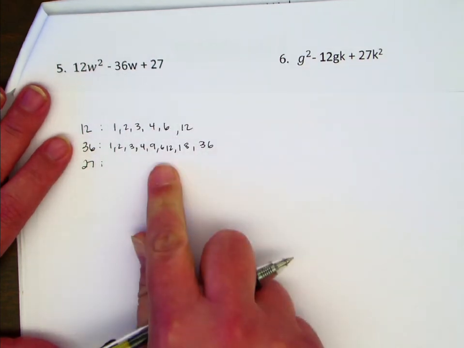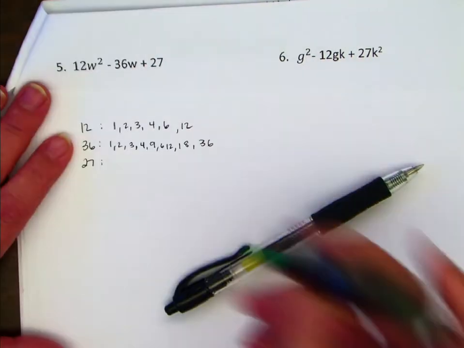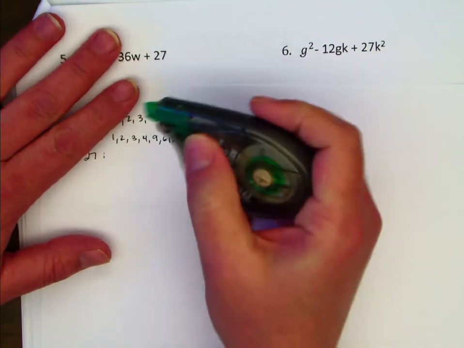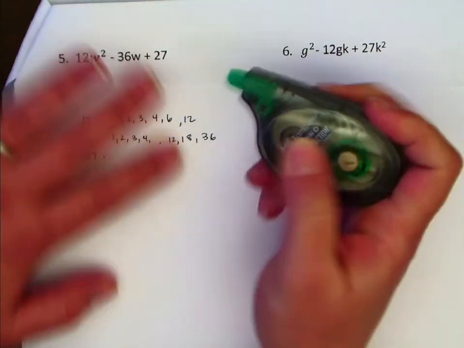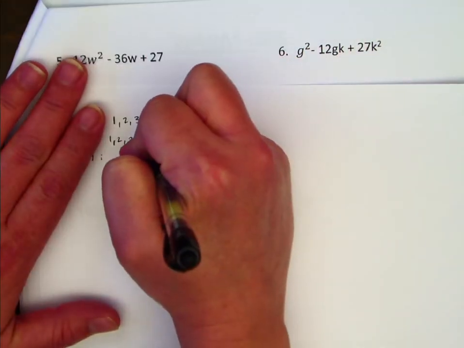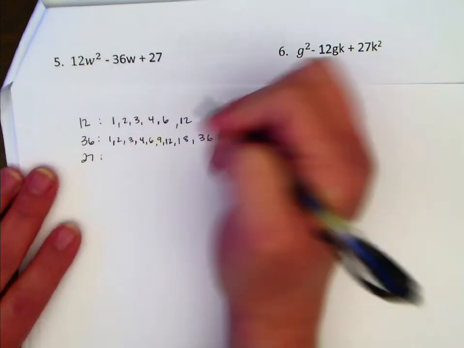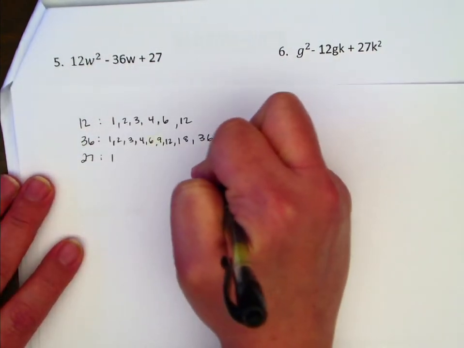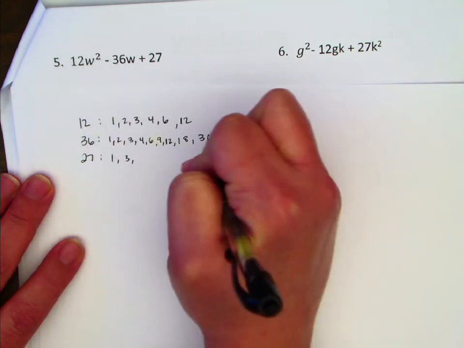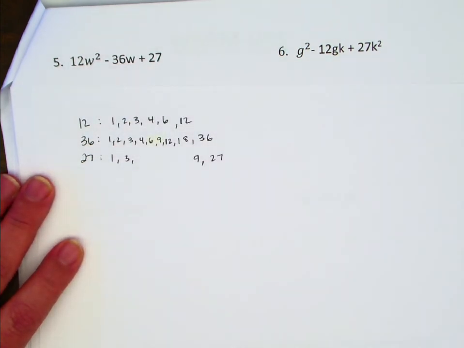I put it out of order, but that's okay. Ooh, that's going to bug me. Actually, let me switch the 6 and the 9. I should have given myself a little bit more room. 6 and 9. Okay, 27. 1 times 27. 3 times 9. That's the only ones.